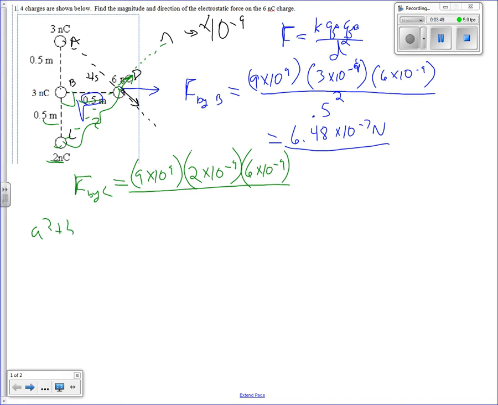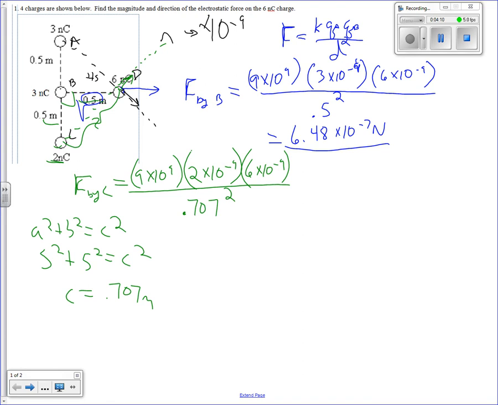We'll put 0.5 squared plus 0.5 squared equals c squared, and when you solve that out, you get an answer of 0.707 meters. So that's going to be our distance between those two.